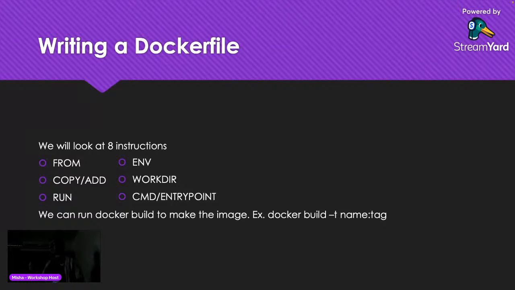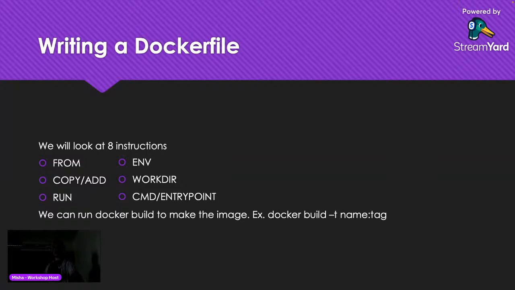So CMD and ENTRYPOINT, they both specify the command that you are going to run. They're slightly different. CMD gives a default command, which you can override. For example, the Python image that we've used within brand batch, that would be using the CMD.